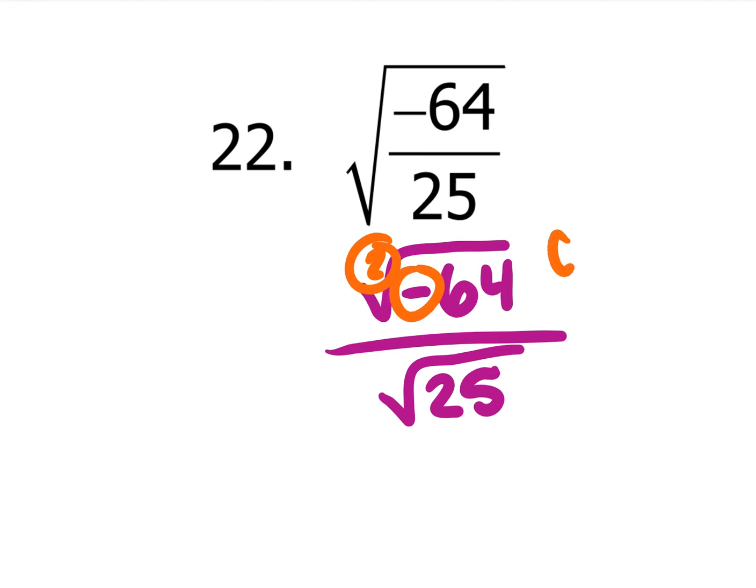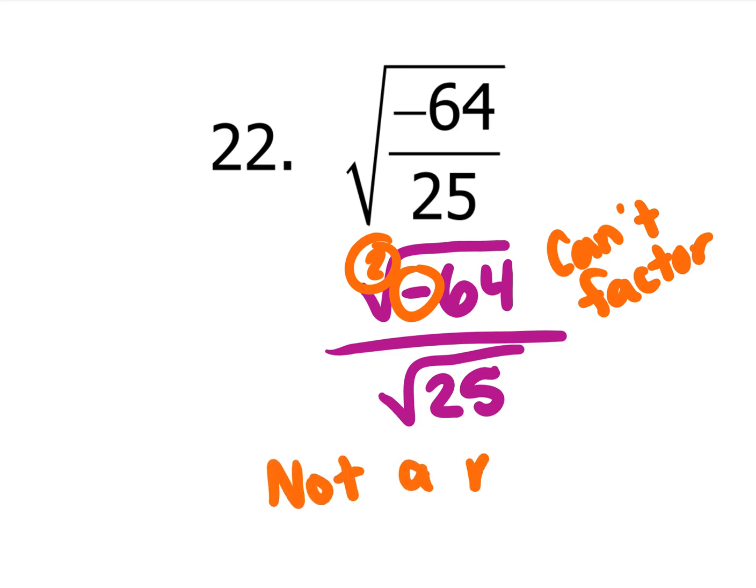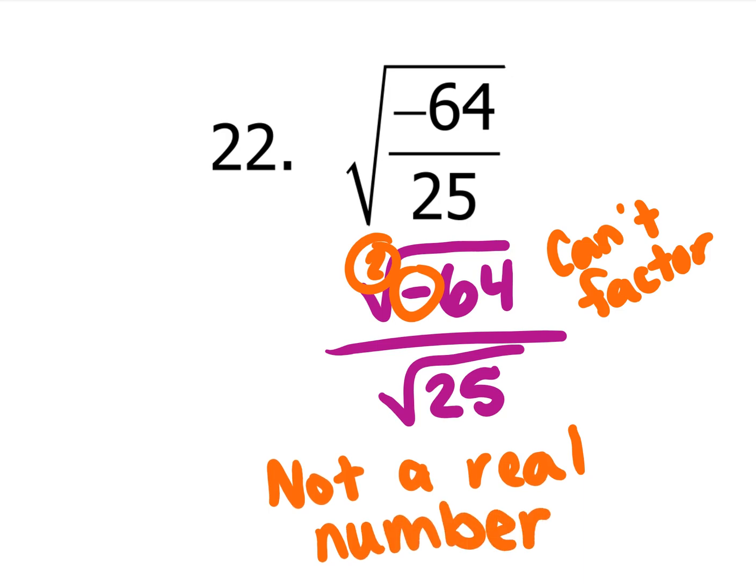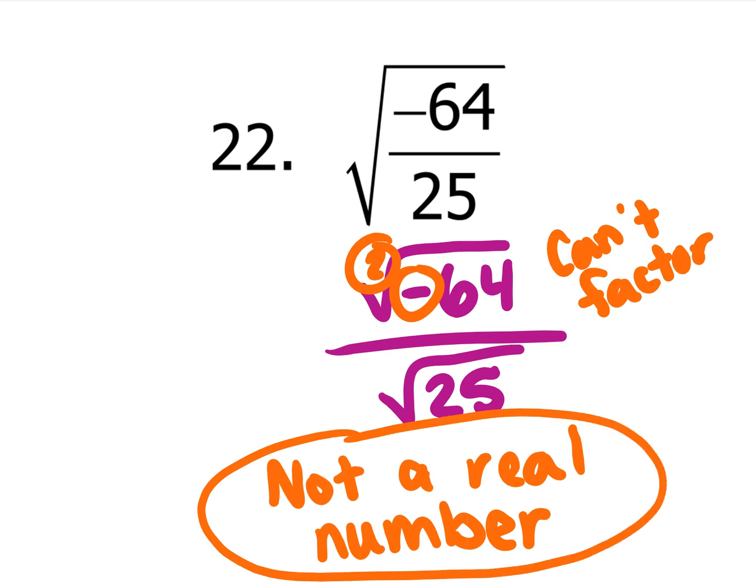So I can't factor the top. And I know that we can factor the bottom, but because we can't factor the top, they're together. So this one is not a real number because of that negative inside. So you would only pick this. You wouldn't have to actually put in a number because it doesn't work out.